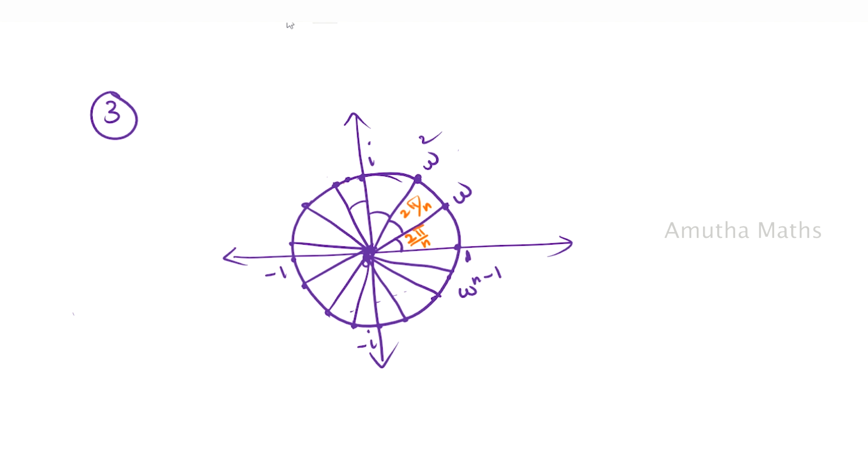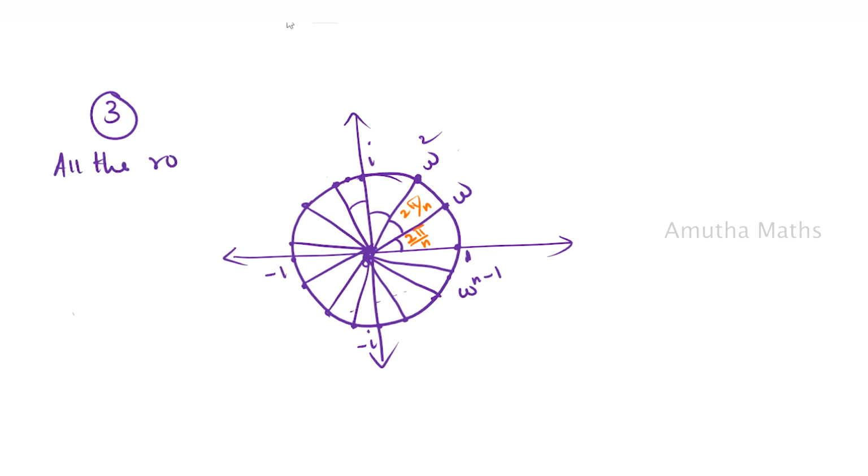So all the roots lie on the circle of radius 1 of center 0, 0. So all the roots are equally spaced. They construct a regular polygon. So if you join the sides, they form a regular polygon. Okay. So these are the three important roots.